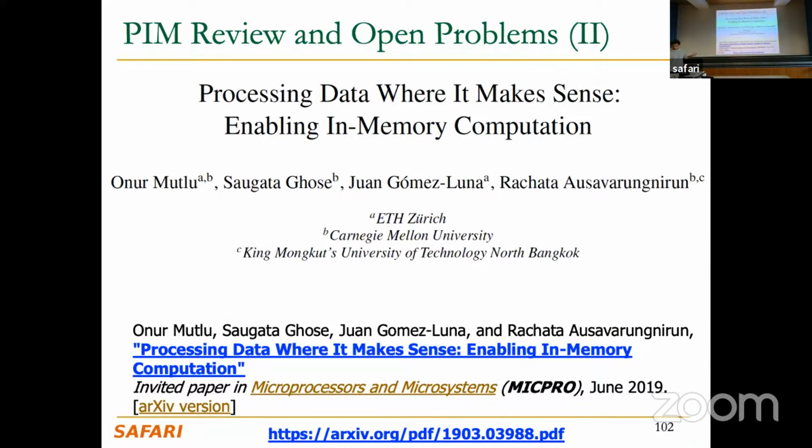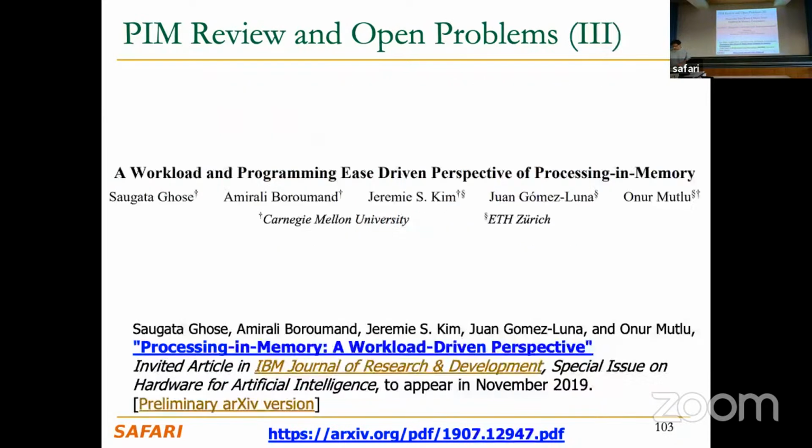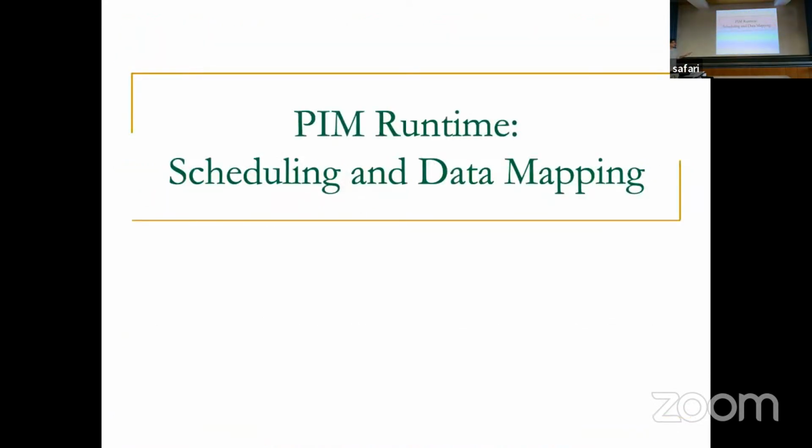You can also find other good reviews about processing in memory in this shorter paper published in Microprocessors and Microsystems, or this other one published in the IBM Journal of Research and Development. So let's start talking about the barriers and potential solutions on how to solve them.